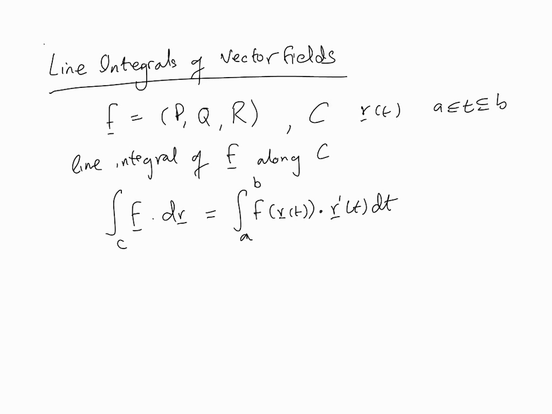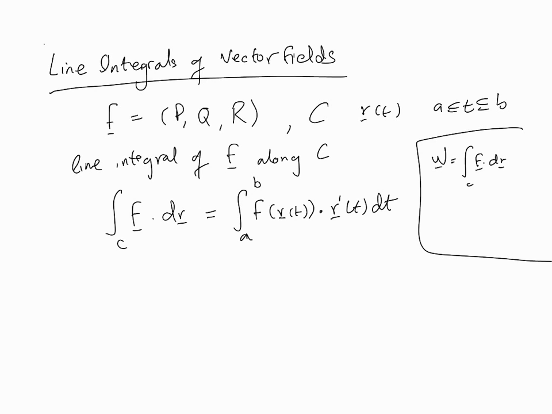Now, I would remind those of you who are taking engineering classes how this is related to the work done. In fact, F dot dr is also referred to as the work done. Basically, F would be, let's say, the constant force F, and moving an object from a point P to another point Q in space is F dot D, where D is the displacement vector PQ.